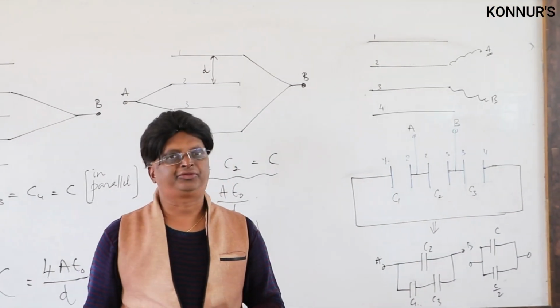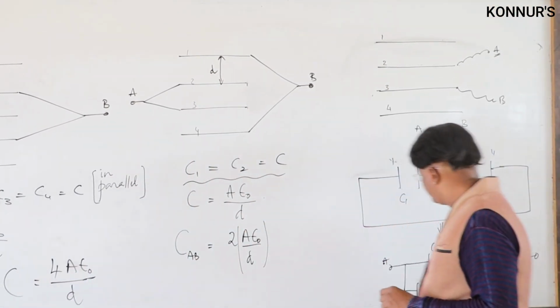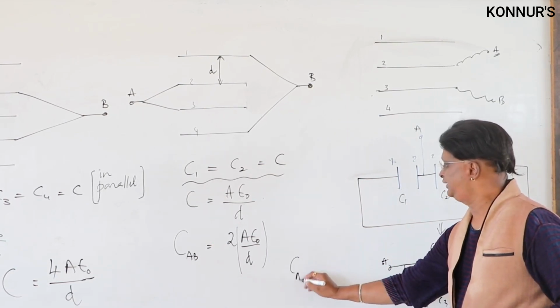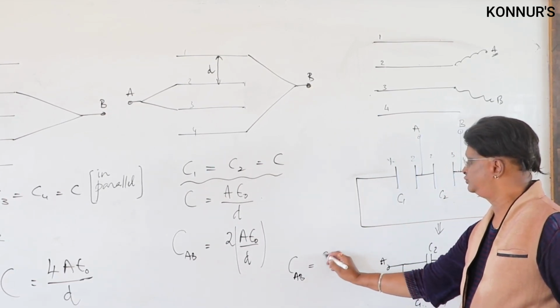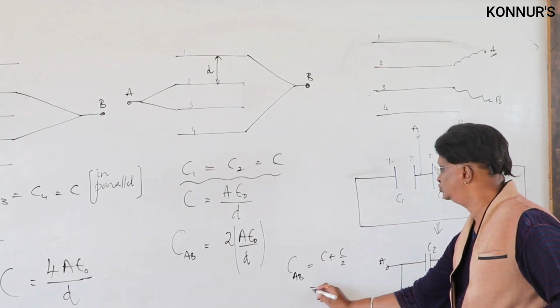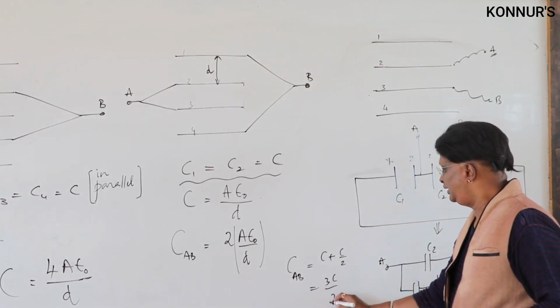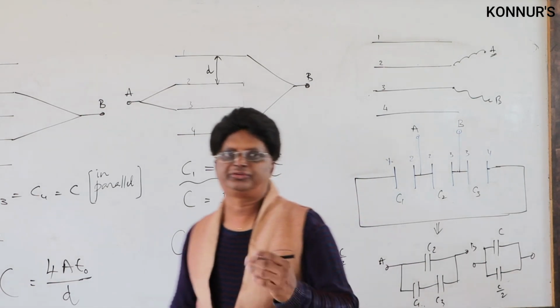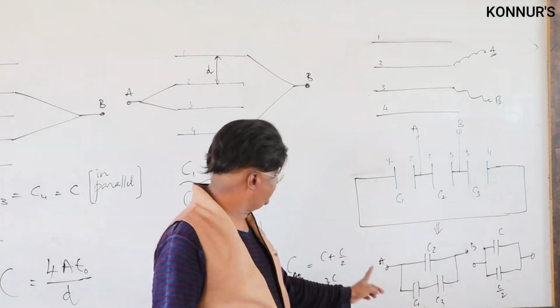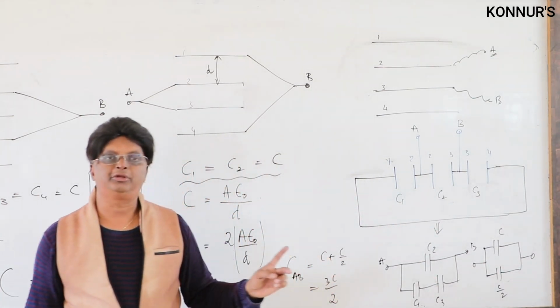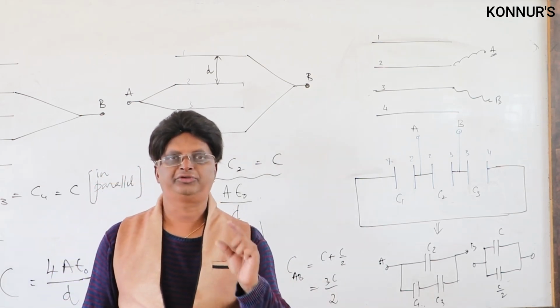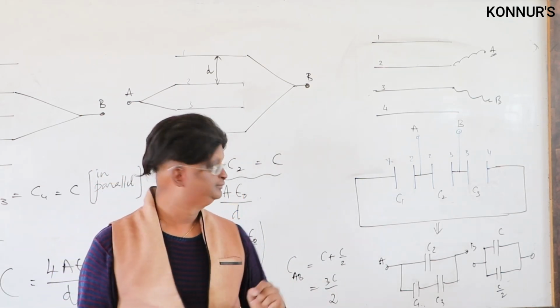Parallel means C1 plus C2, and therefore CAB is equal to C plus C by 2, 3C by 2, where of course C is A epsilon naught by d, capacity of each arrangement.